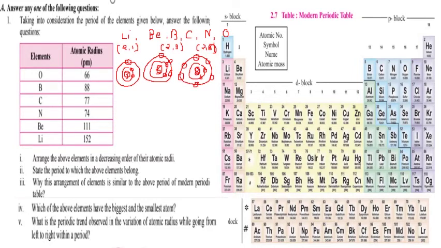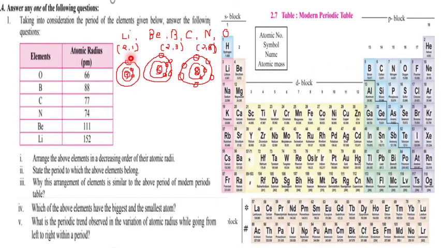Now here what we see is that electrons are added to the same outermost orbit while going left to right in the period. As the electrons are added to the same outermost orbit, the positive nuclear charge increases as we go left to right in the period.